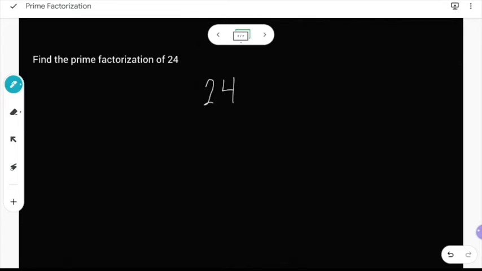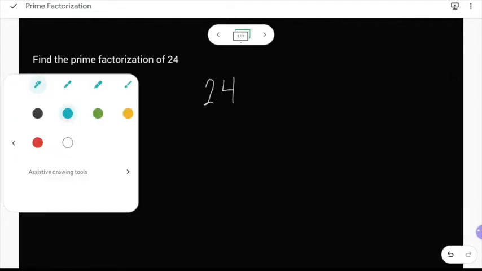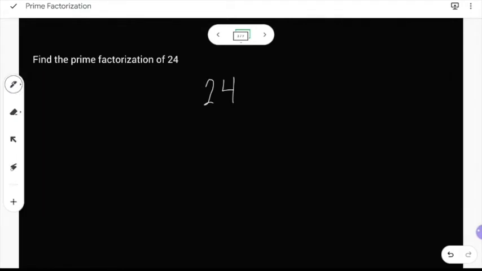With this number, I can see that I have a prime factor of 2 because 24 is an even number. So I could write 24 as 2 times 12. That's handy because 2 is a prime number.